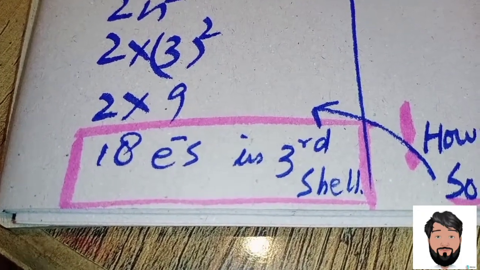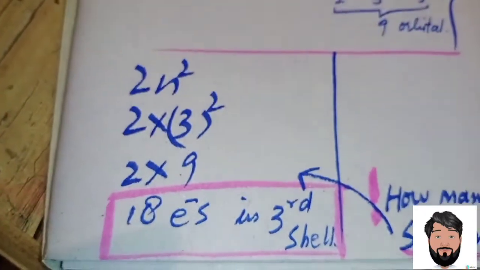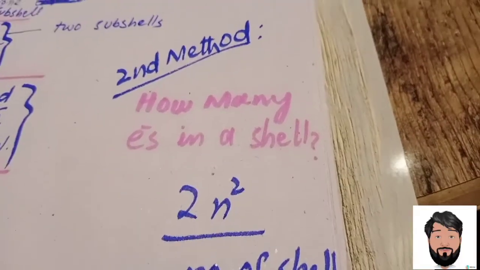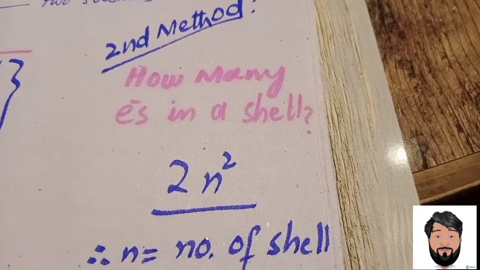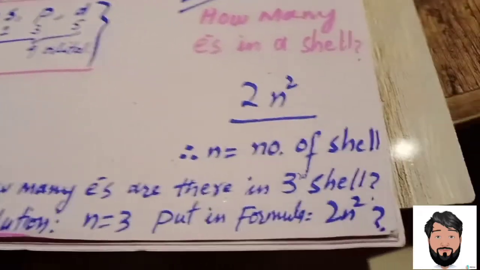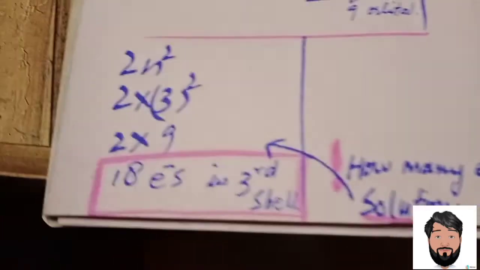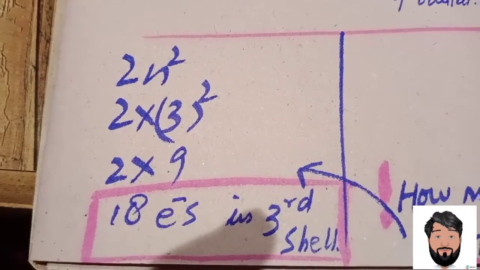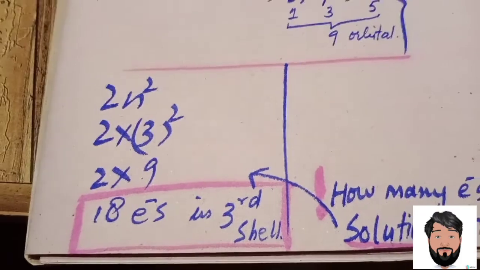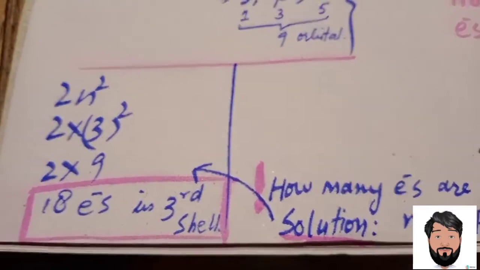So there will be 18 electrons in the third shell. We can use this formula for any number of shell. This was the second method, to find how many electrons are in a particular shell by using the formula 2n square.